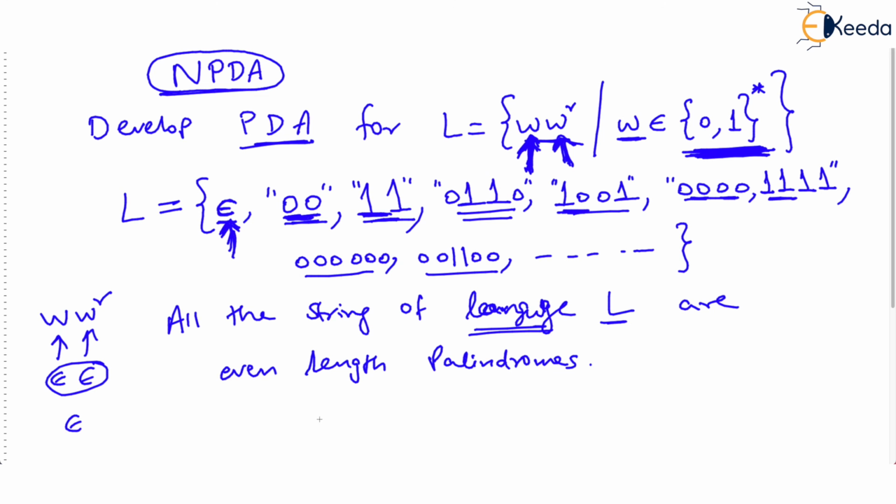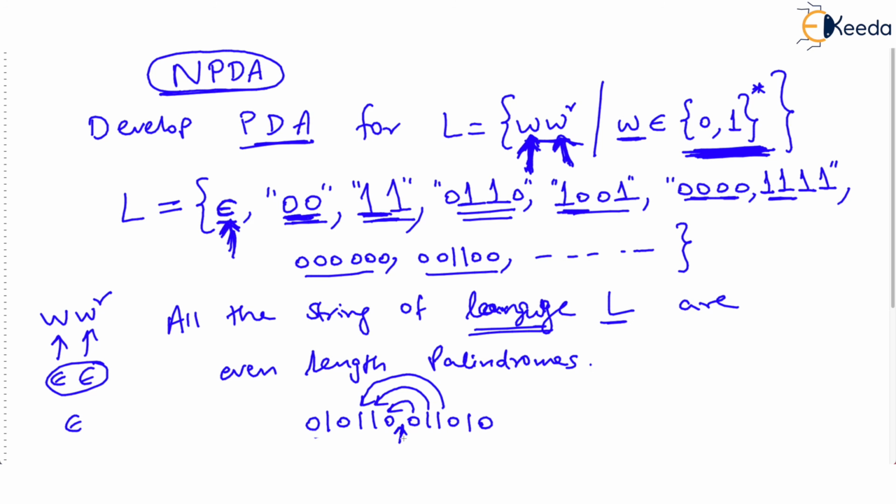But here in this language, we don't have any center. So if given an arbitrary input to our PDA, just see, if this is W, 0 1 0 1 1 0, then the reverse will be 0 1 1 0 1 0. This is a palindrome. Look, this is the center. After reaching this point, our PDA should start matching whether the second component is the reverse of the first component.